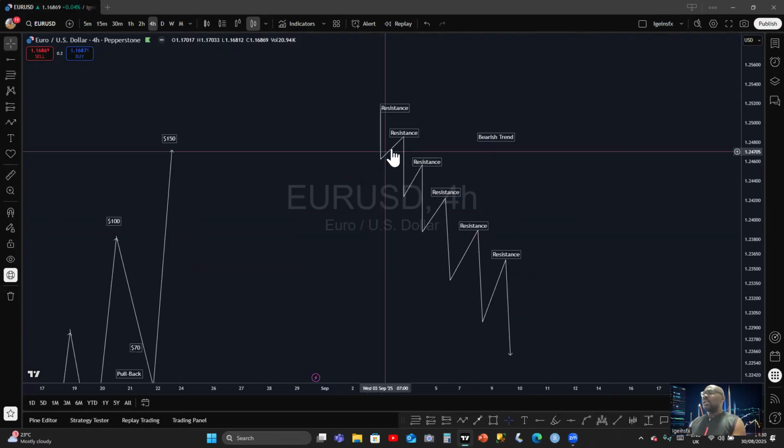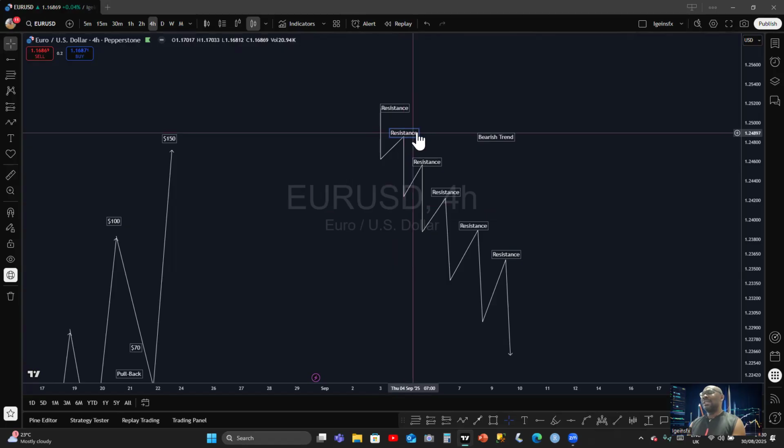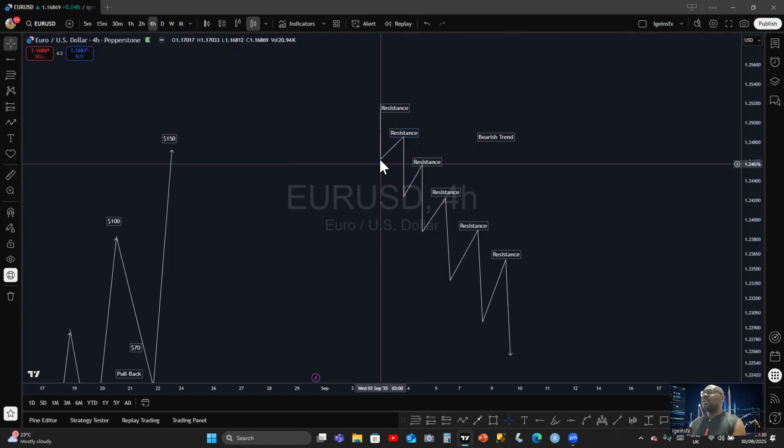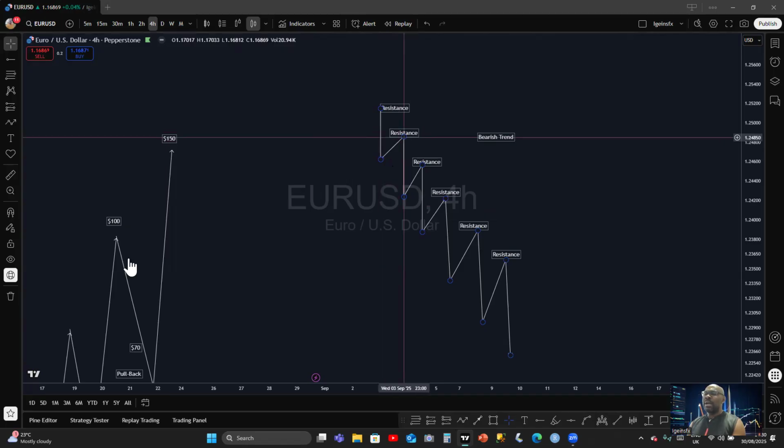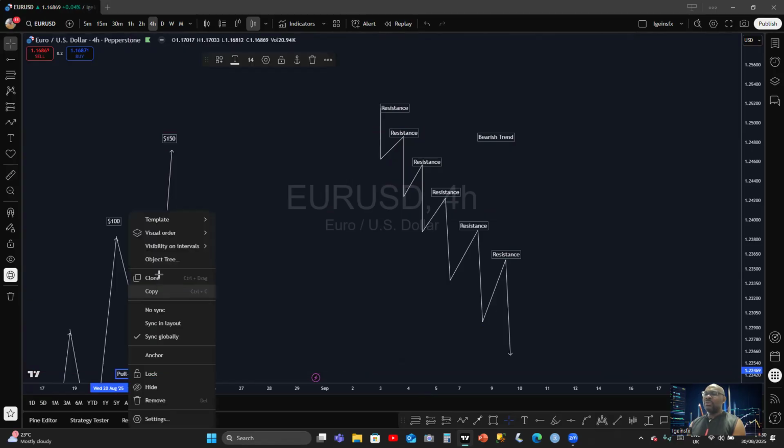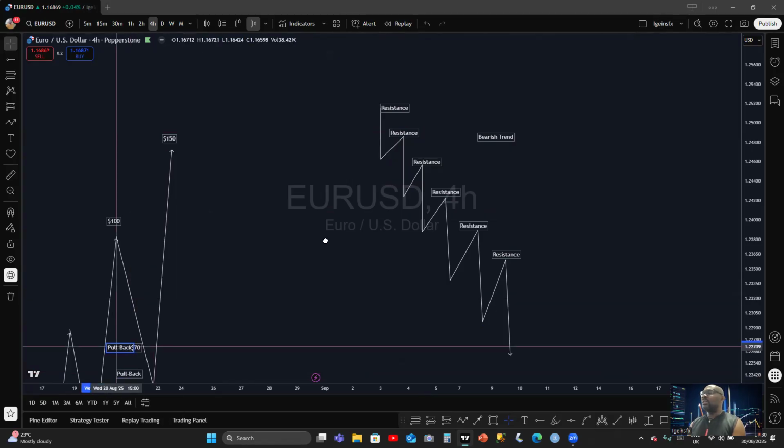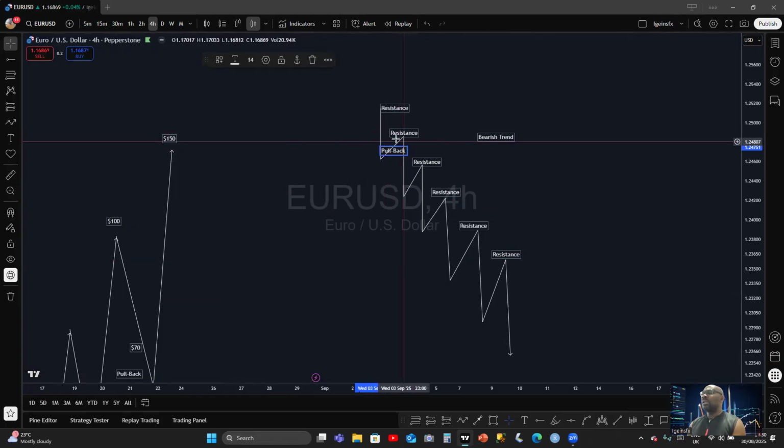Now, what we are saying is that once there is a pullback, what will cause a break of structure to the downside is what we call a resistance. Now, this retracement or pullback, like I've told you guys, from this point to this point is a pullback.